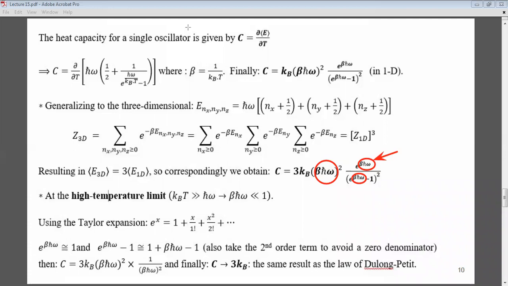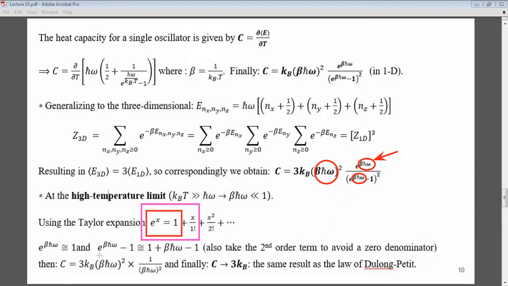I will only take the first term for that. And for e to the beta h bar omega minus 1, I can choose 1 plus x over 1, so 1 plus beta h bar omega.